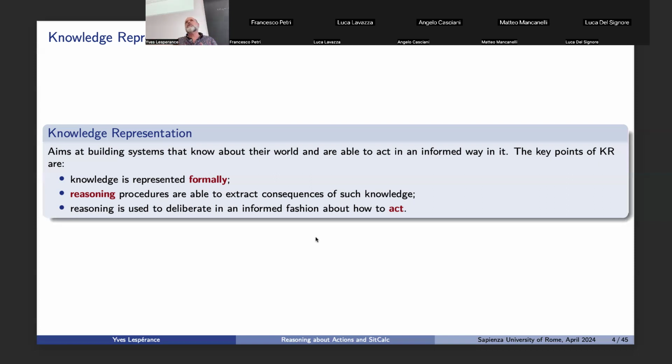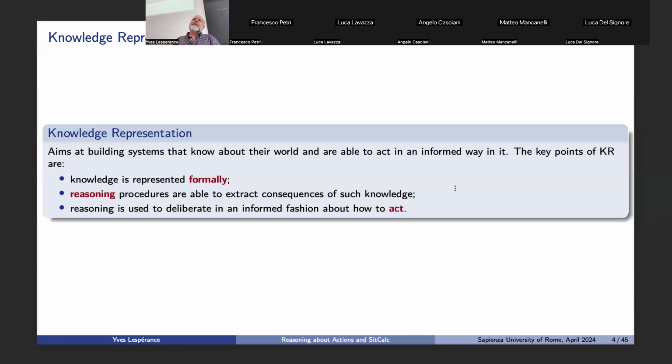You can also use reasoning to answer what questions, like who is the president of the EU, those kinds of questions. So reasoning is used to extract consequences of this knowledge, and also the agent can ask queries about what actions would be good if I want to achieve something, and also an action or a sequence of actions that I can execute.